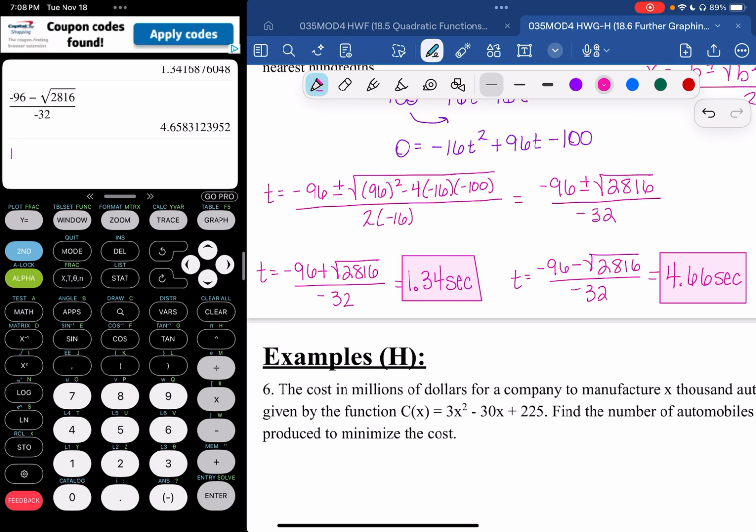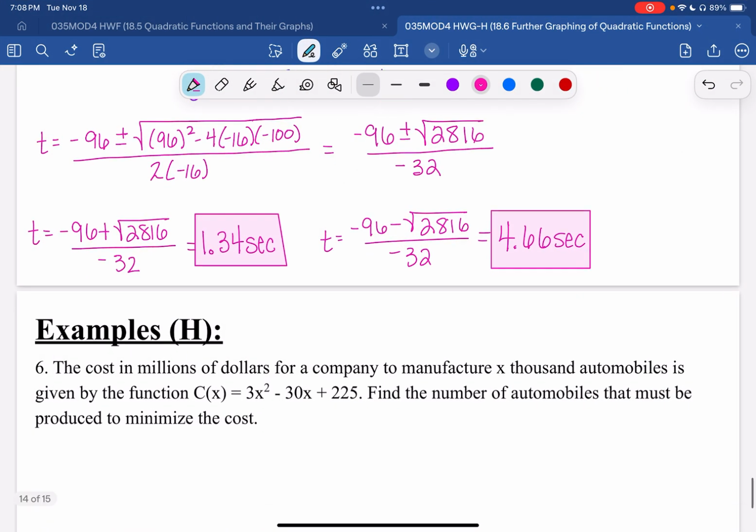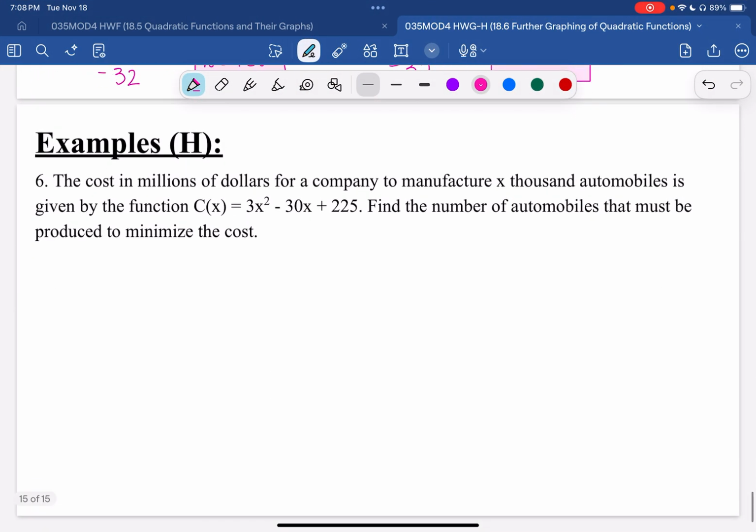Okay. All right. Last one. The cost in millions of dollars for a company to manufacture X thousand automobiles is given by the function C of X. Find the number of automobiles that must be produced to minimize the cost. So that means that I'm trying to find the vertex.